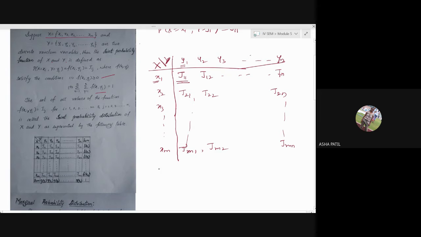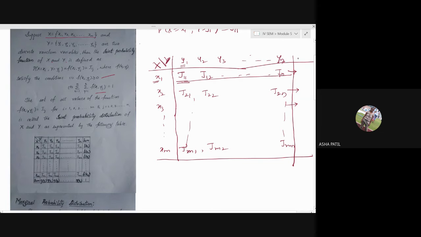And one more row and one more column we put at the end, where we will be writing the sum of each row. We will denote it by f of xi.